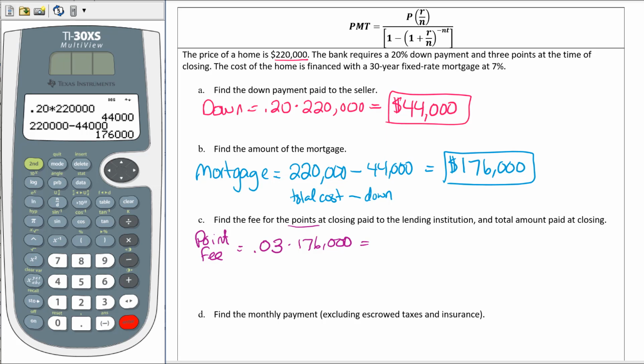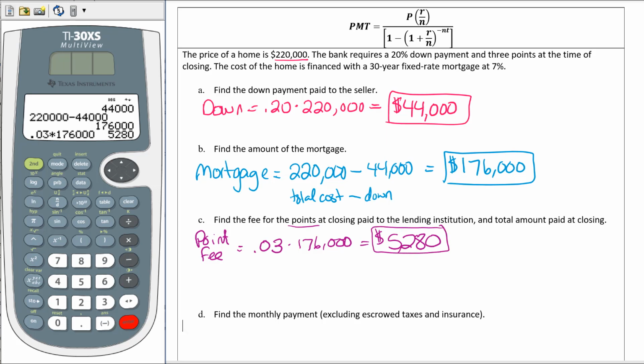You don't have to pay points on that. So we're going to take 0.03 times 176,000, and that's going to be $5,280 in points. Now this question said find the fee for the points and the total amount. So the total that you're going to be expected to pay at closing is going to be the $44,000 down plus your point fee.